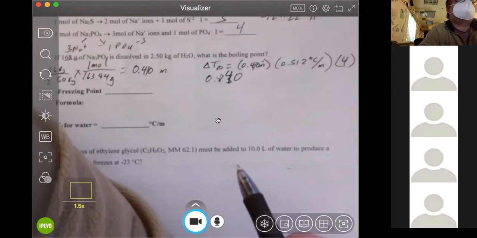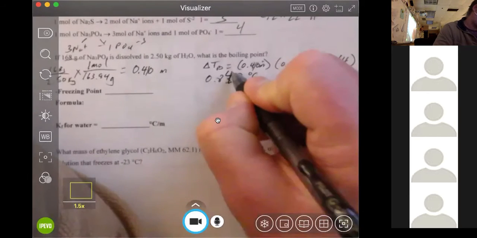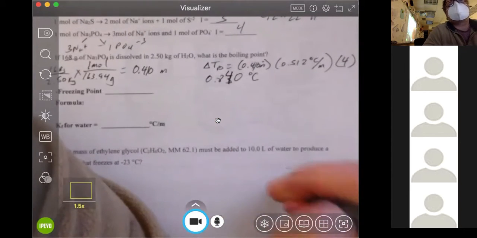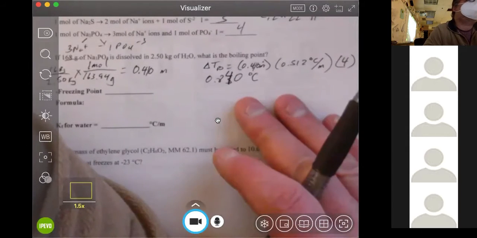What is the boiling point of this solution?